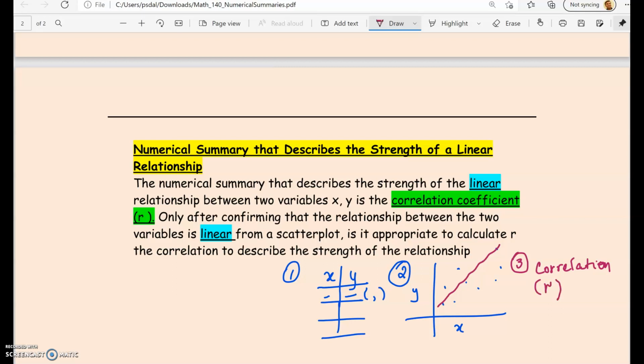So R is a number between -1 and 1. And what R does is it describes the strength of a linear relationship.